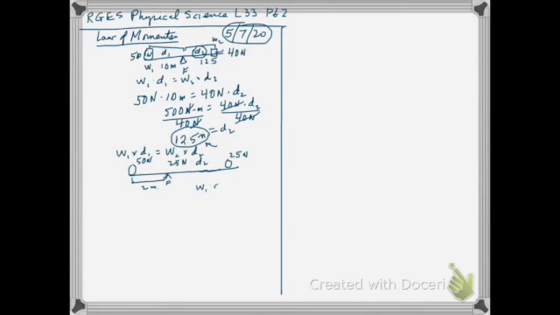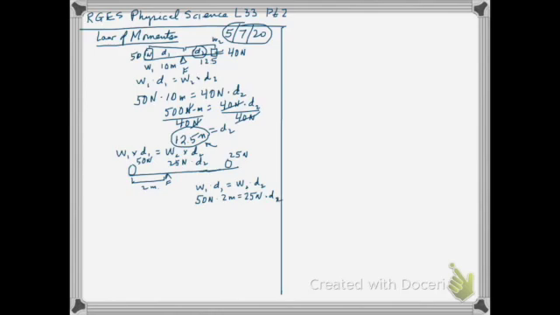W1 times D1 is equal to W2 times D2. W1 is 50 newtons times the distance, 2 meters. It's going to be equal to the weight, which is 25 newtons on the right side, times D2. That's our question. D2 is the big question.